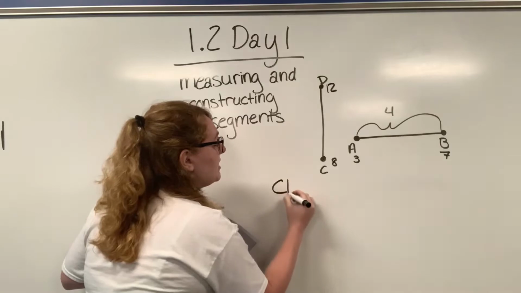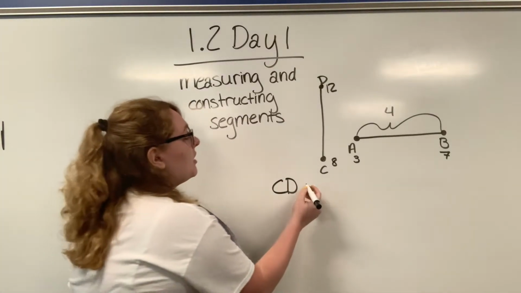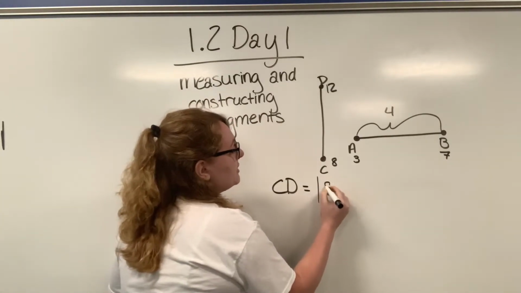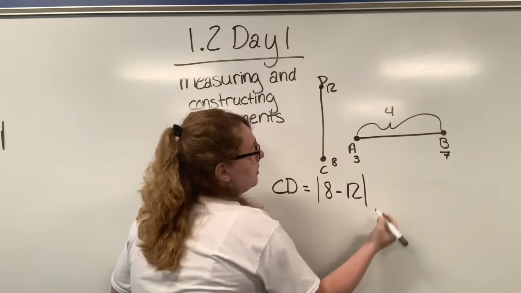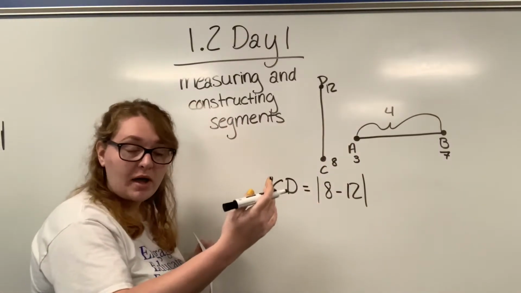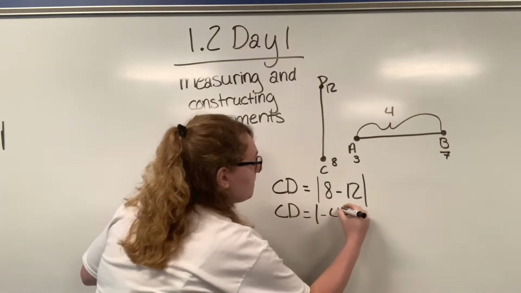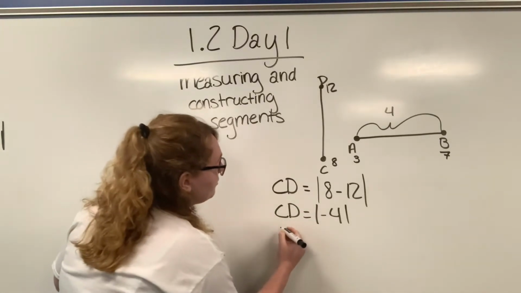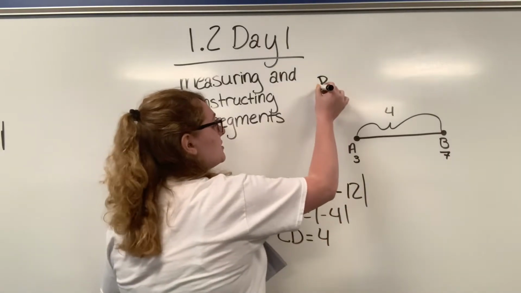We have CD with no lines over it because we're talking about the distance, equals the absolute value of 8 minus another point, 12. 8 take away 12 gives you -4. And like we just talked about, -4 is still 4 units away from 0. So the distance is 4.